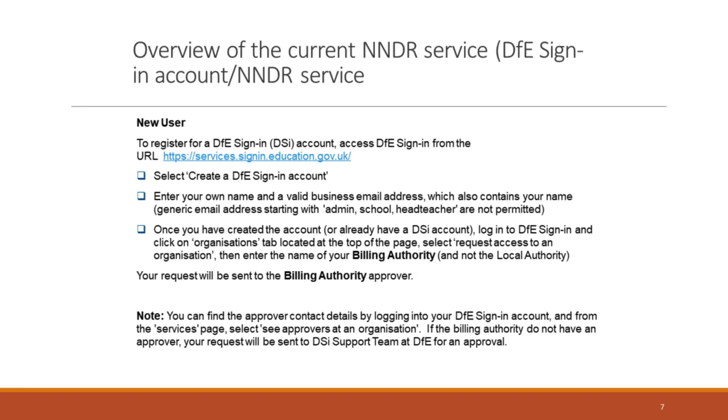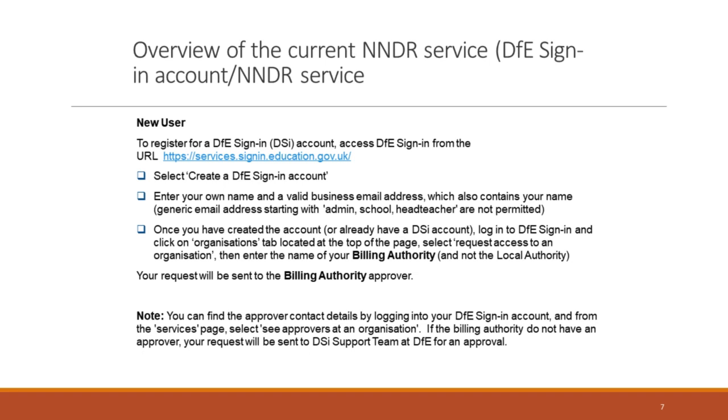But if you are going into the DFE sign-in and you are linking your organization to your account, you would be typing in the UK PRN, the unique identifier, or you'll be typing in the name, and that will give you a couple of options, usually with the name search, and one of them would be the billing authority, and that's the one you need to select. That's the only time you'll be able to access the services and complete the forms.